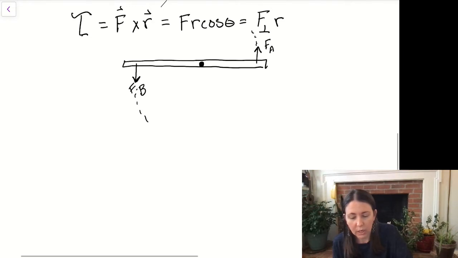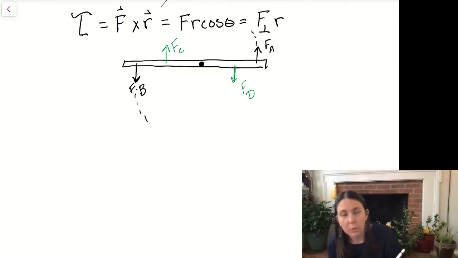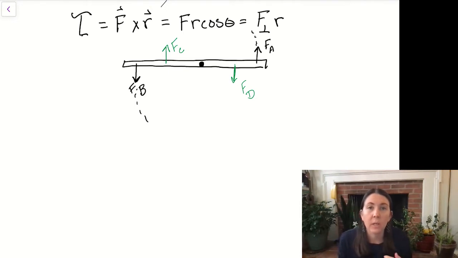If we changed and had a force over here, we can call it force C pointing upward, and a force D pointing downward, these two forces would cause this to rotate clockwise. So when we talk about torque, we can have positive torque and negative torque.